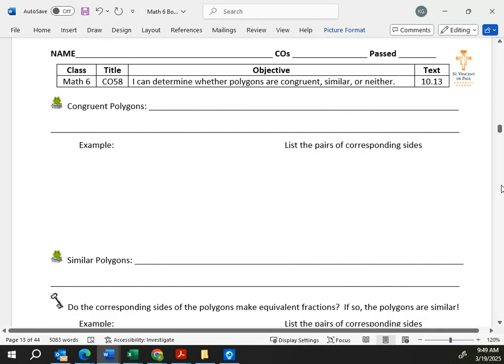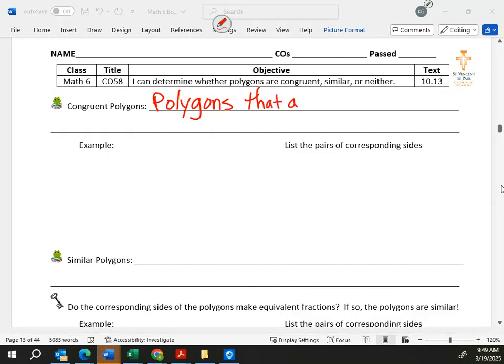So yesterday we learned about polygons. Today we're taking it a step farther. So congruent polygons are polygons that are the same shape and size.